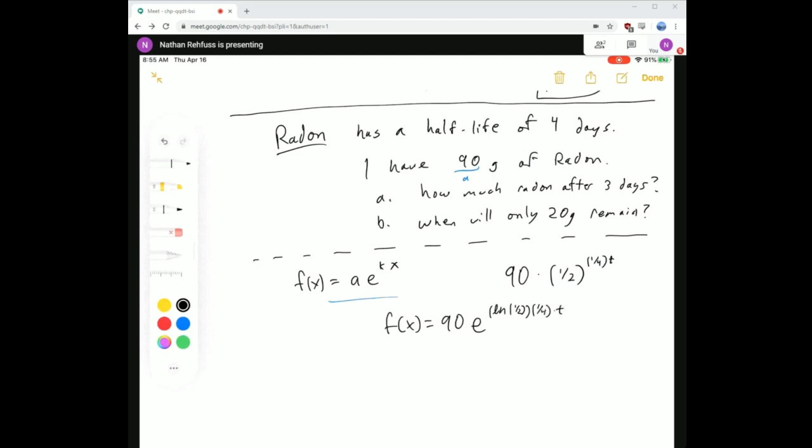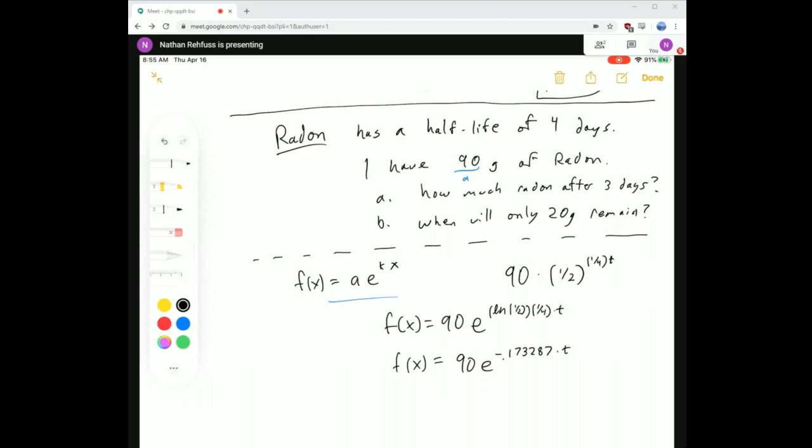And because I am averse to writing that exponent over and over, I'll go to my calculator and ask, what is the natural log of 1/2 when you divide it by 4? And I'll make a syntax error, but the second time I'll get it right. Turns out that that's negative 0.173287, and I do want all of those digits just so my answer is as accurate as possible.